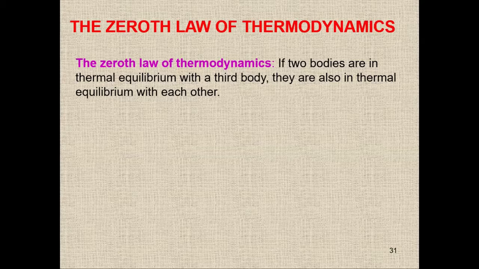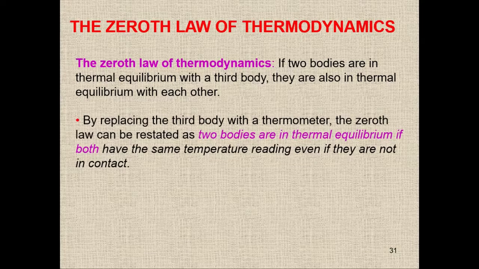So if we have three bodies, let's suppose A, B and C, and the temperature of A and B is the same and the temperature of B and C is the same, then it means the temperature of A and C will be the same. This zeroth law is basically used to calibrate the thermodynamic scales.